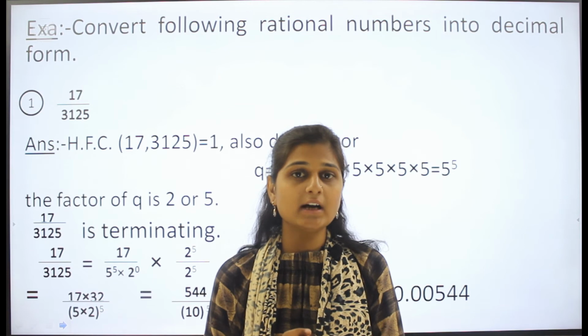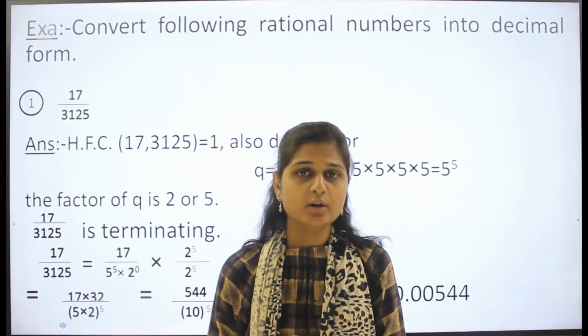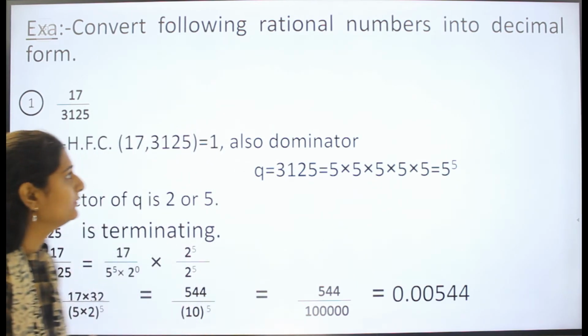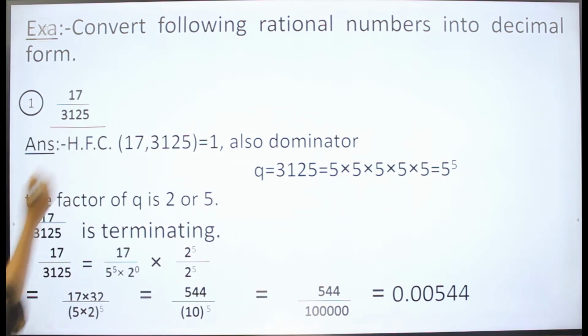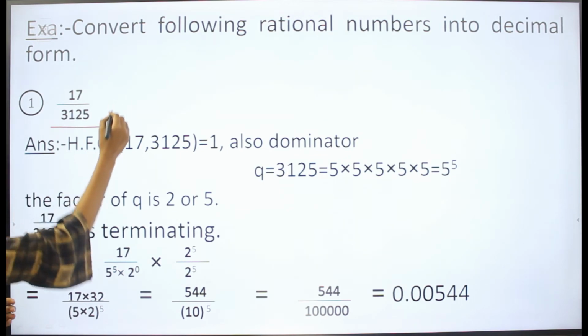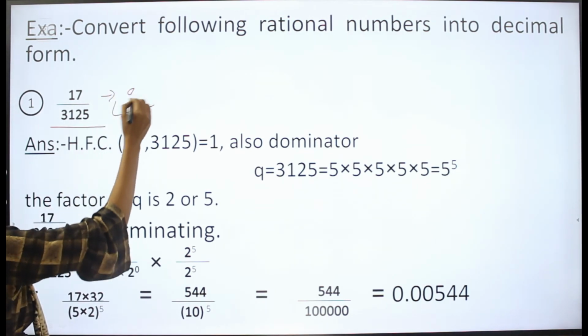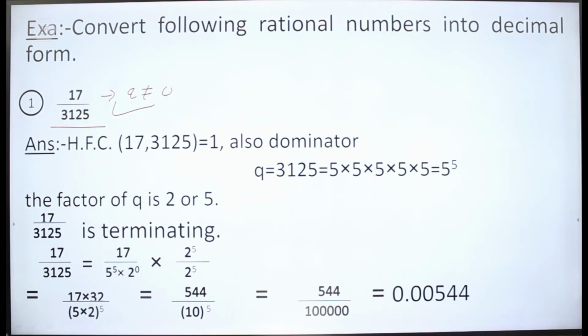That can also be asked for 1 mark, so you have to remember that. Here we have to convert this value into decimal form. The value we have is 17 upon 3125. So our first condition that q is not equal to 0 is satisfied.